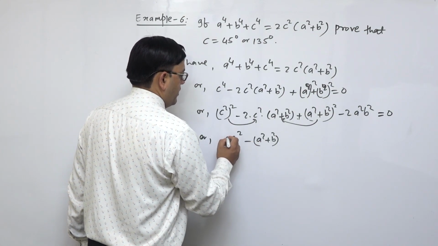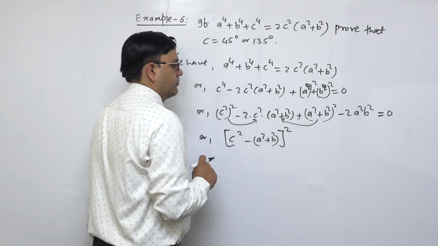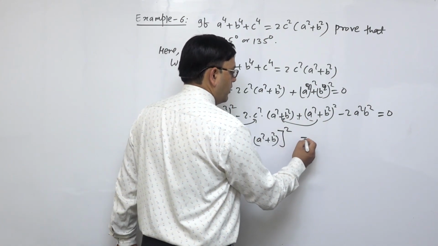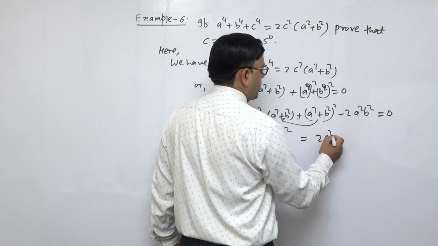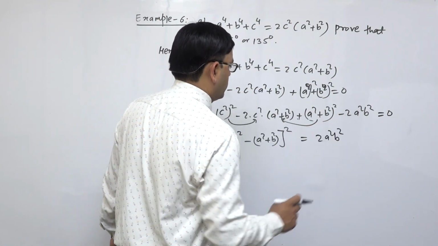So we can write a minus b whole square like this. This is equal to, here is 2a square b square, this is minus and here is plus.